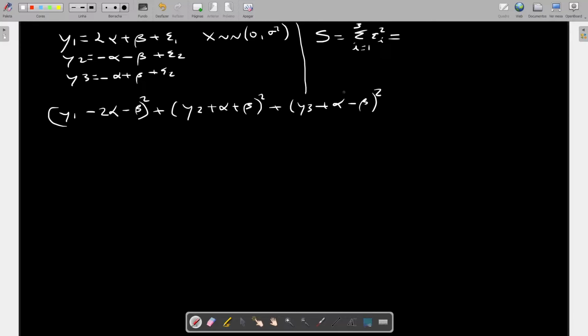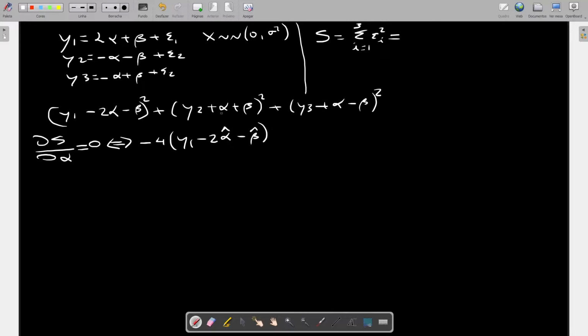Now the second step, we need to do a differentiation with respect to alpha and then set it equal to 0. So let's begin. So 2 times minus 2 is minus 4 times what's inside, y1 minus 2 alpha hat minus beta hat. Remember the hat because this is a parameter, same thing for beta.